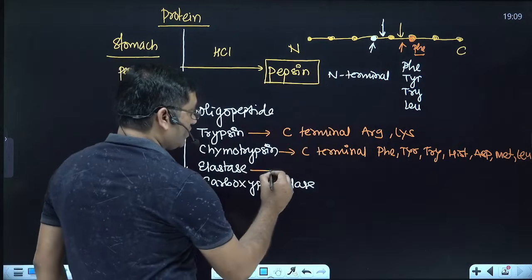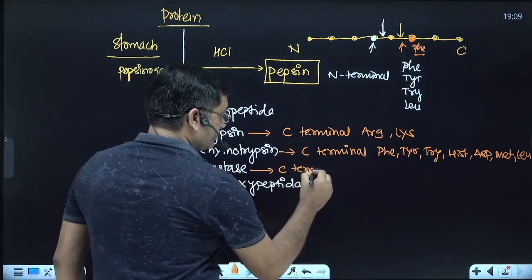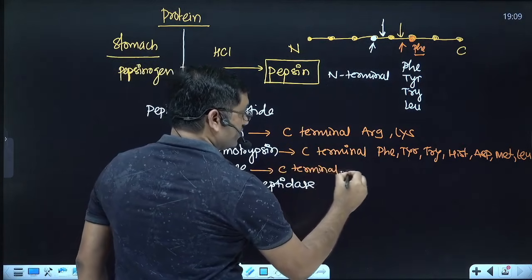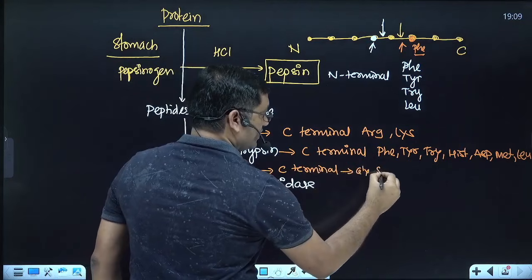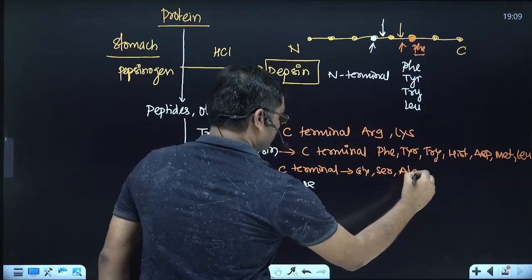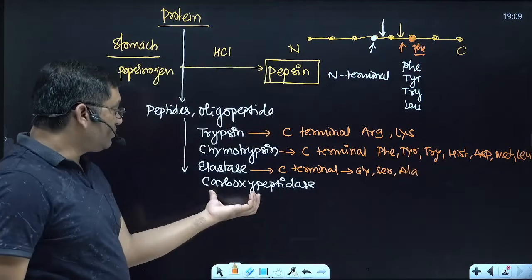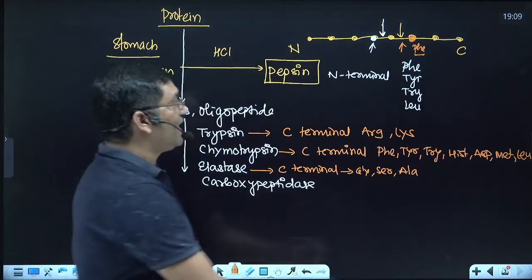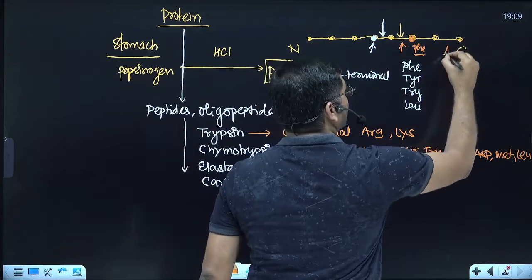Elastase will act on the carboxyl terminal glycine, serine, alanine, and carboxypeptidase will act on the carboxyl terminal.